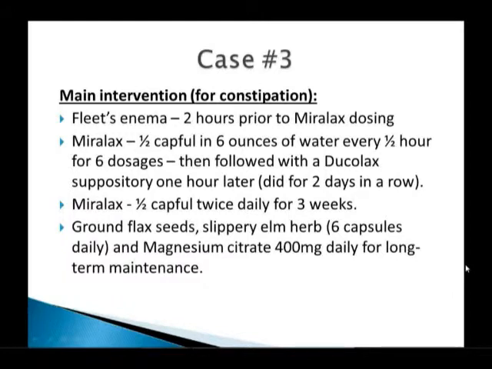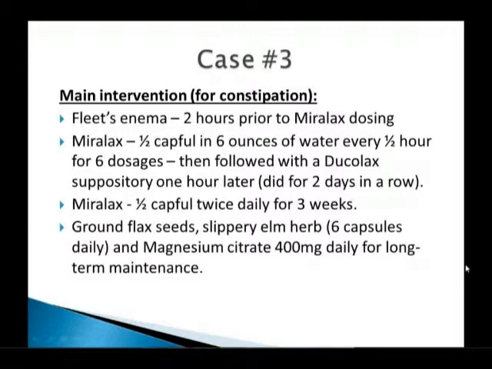So after doing a Fleet's enema, Miralax, half cup in 6 ounces of water every half hour for 6 dosages was used. And then that was followed by a Dulcolax suppository 1 hour later. And this was done for about 2 days in a row, and then slowly transitioned over to a half cup twice daily of Miralax for 3 weeks.